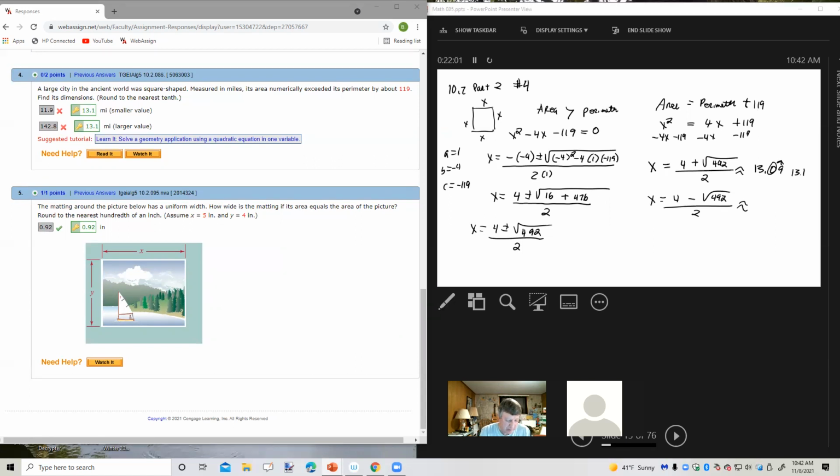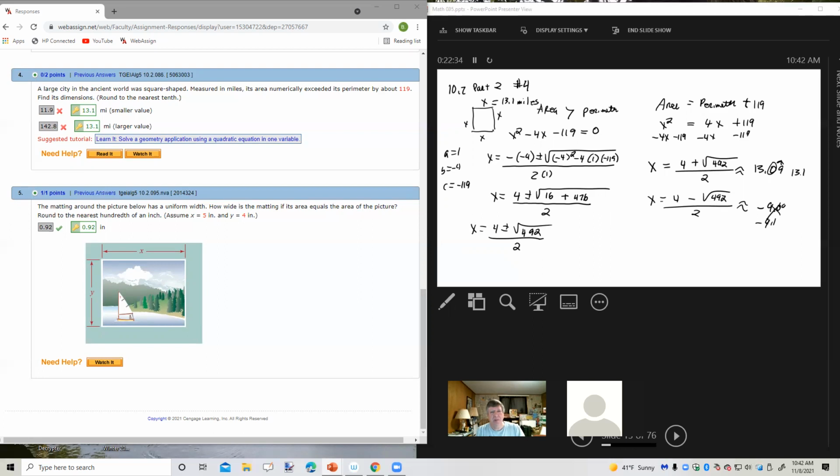And if we take the bottom one and put a minus sign in instead, we get negative 9.09 or negative 9.1. Once again, x is a distance or length or width, so it can't be negative. Find the dimensions. So x is going to be 13.1 miles.